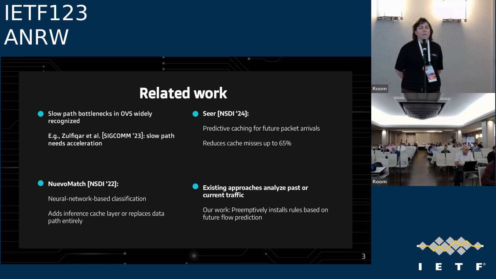So some related work here pointing to what I'm talking about. More recently, a CCOM paper talking about the slow path. In SDN, we have had some contributions also trying to apply various forms of prediction methods to figure out if we can pre-install these rules and improve at least latency.